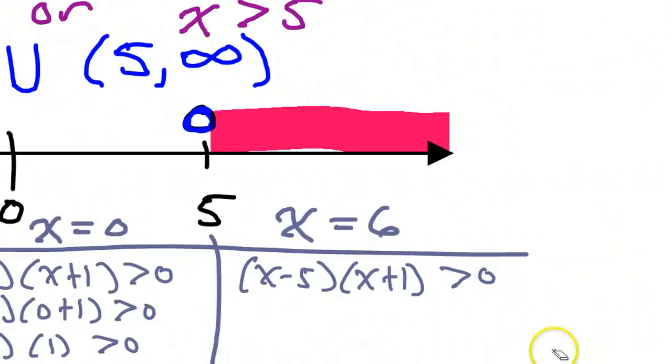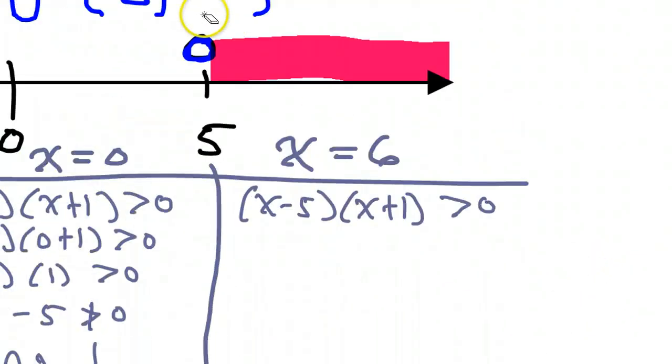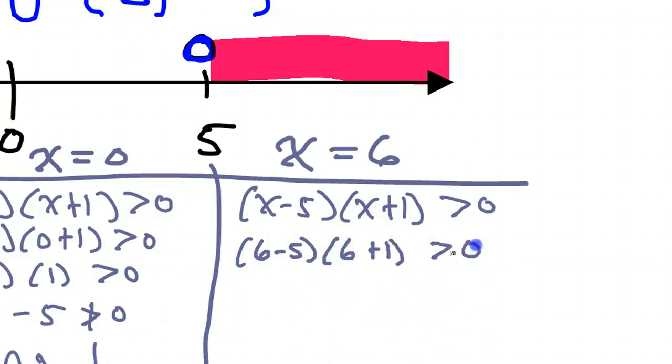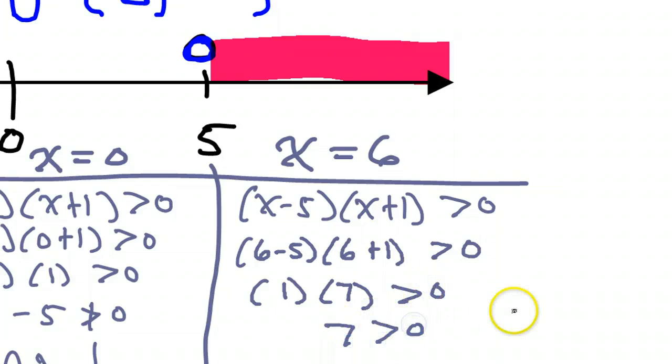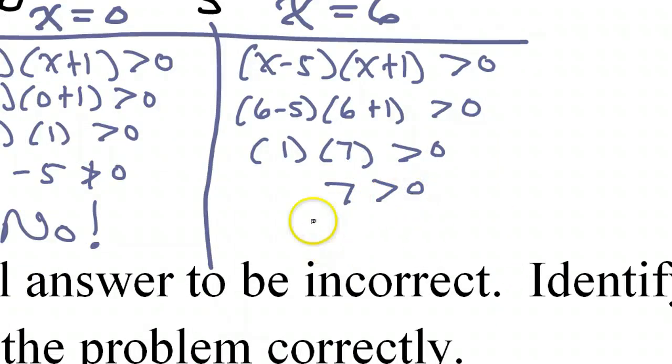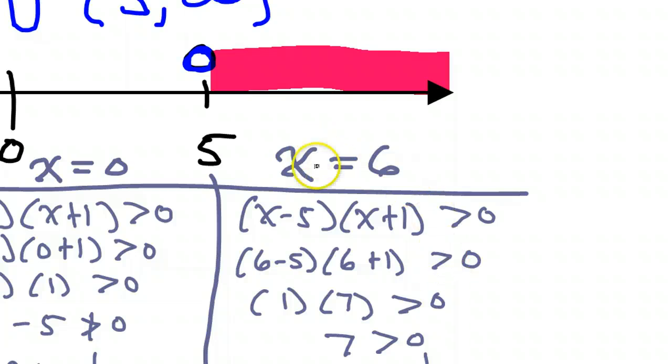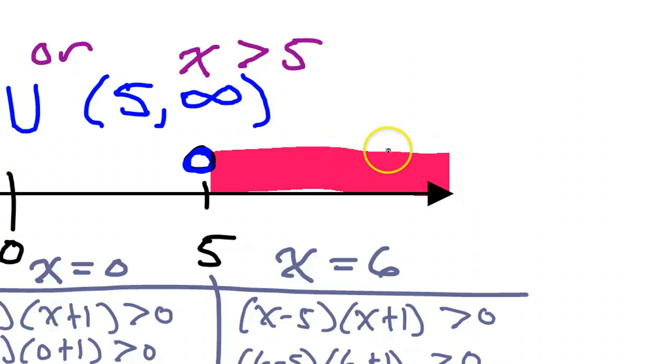And now we just need to check the red zone. In the red zone here, if we let x equal 6, then we've got 6 minus 5, 6 plus 1. So that's 1 and 7. So that's 7. Is 7 greater than 0? Why, yes it is. So that means 6 is a solution, which means all of these red values are solutions.